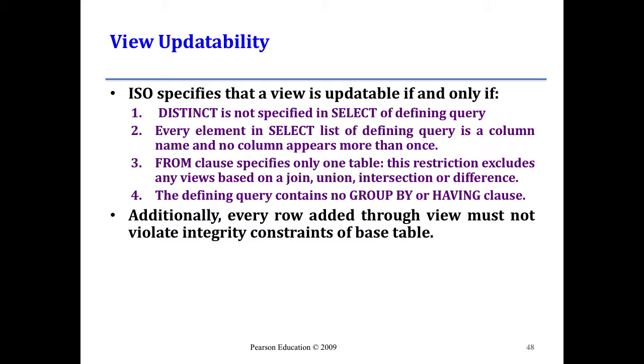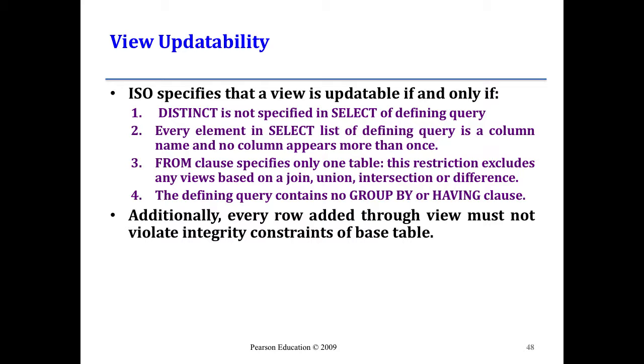Okay, so in fact the ISO standard gives us some guidelines as to when it is okay to update a view. First of all, you're not allowed to have the distinct keyword in the query. So if the distinct keyword is in the defining query, you can't update the view.